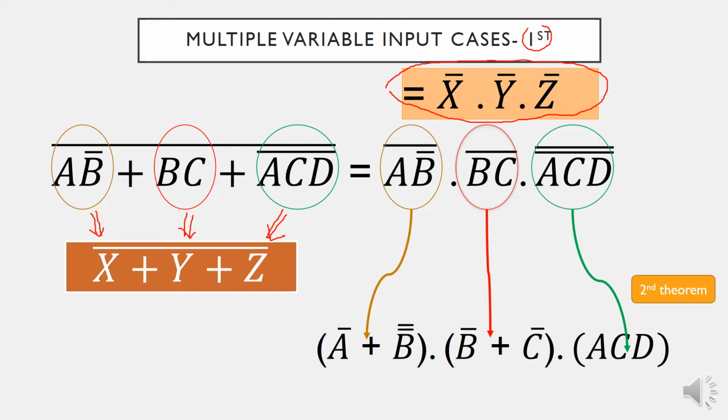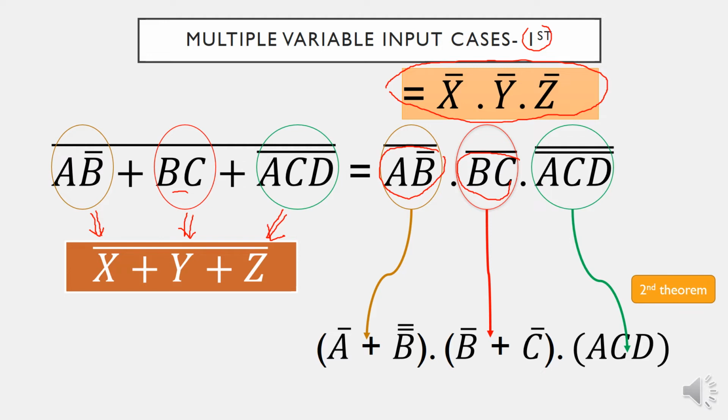So X will be A B bar, Y is here B C, and Z is A C D. All right, then we have the new Boolean expression.